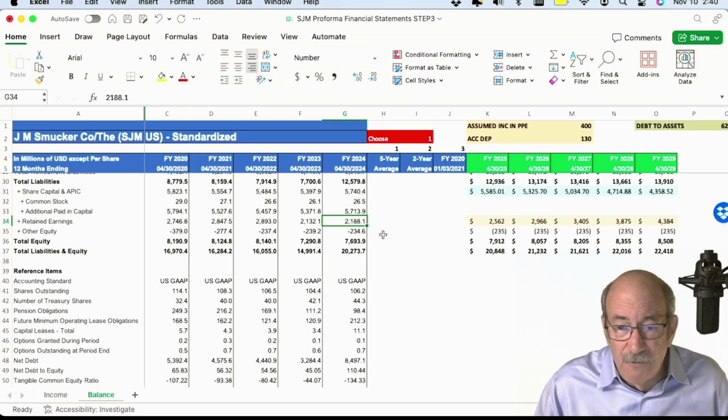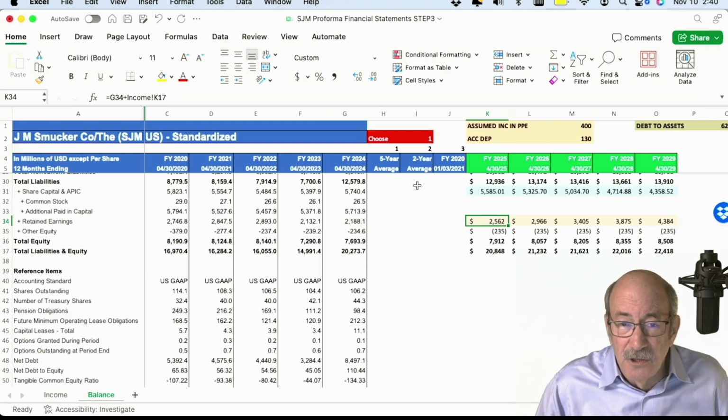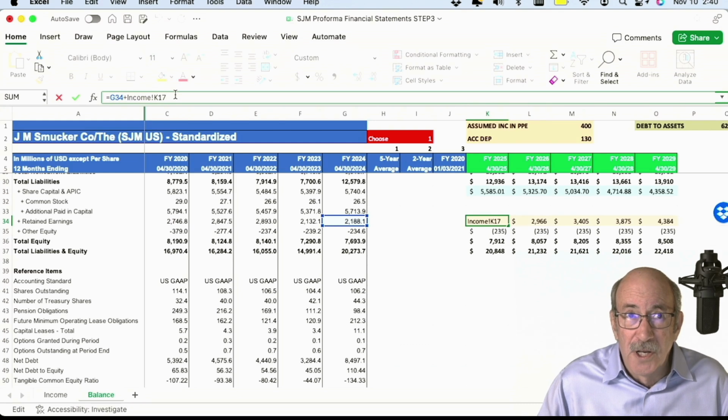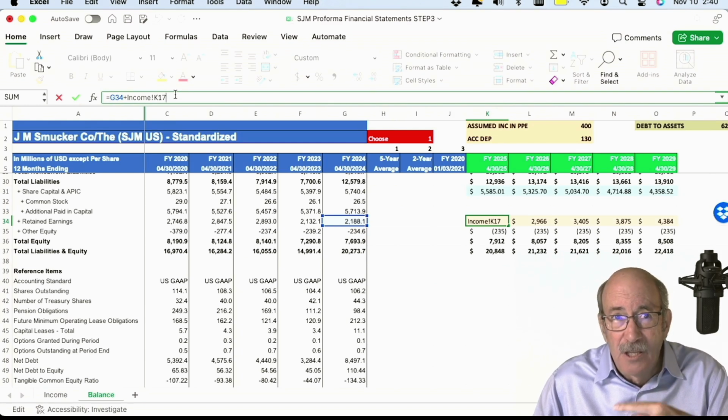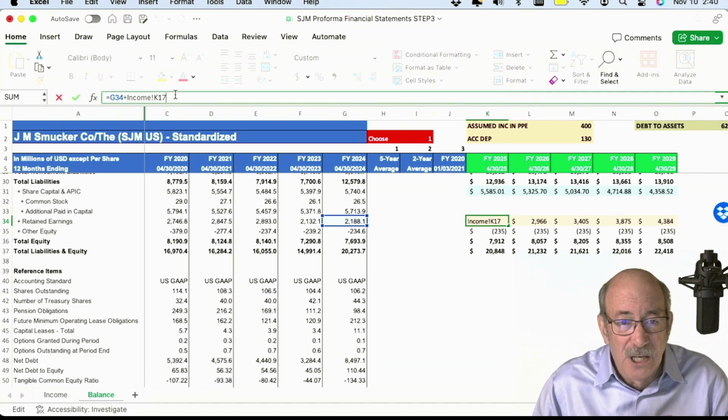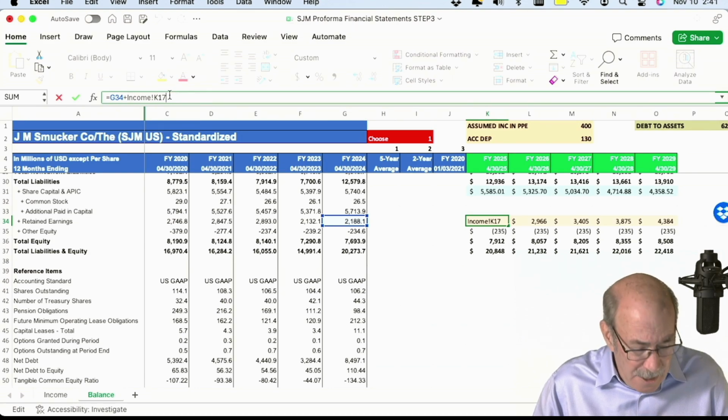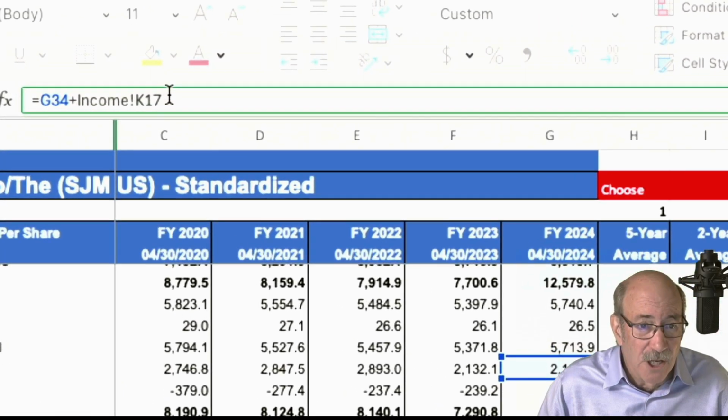So I'm starting off with retained earnings of $2.188 billion. This next year, the projected year, I'm going to use that same 2.188 billion, and I'm going to add to it the amount that I did not pay out in the form of dividends. All right, and that comes off of the income statement, cell K17, as you can see right up here.